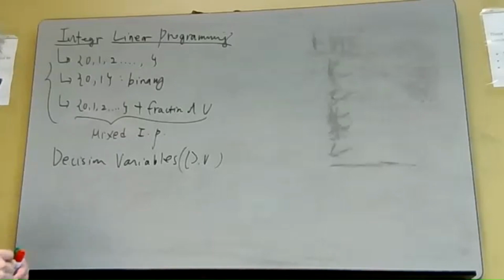This kind of problem can be found in scheduling workers, employee scheduling, truck scheduling, train scheduling, airplane scheduling, manufacturing airplanes, and installation of manufacturing equipment, because you cannot just install 1.2 equipment or 1.3 people, things like that. So that's why we're trying to find integer solutions.